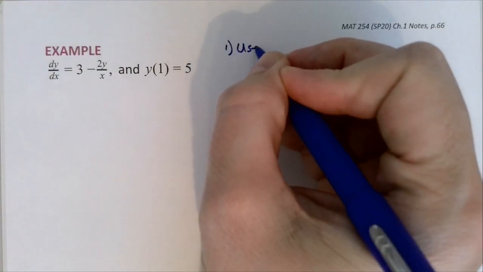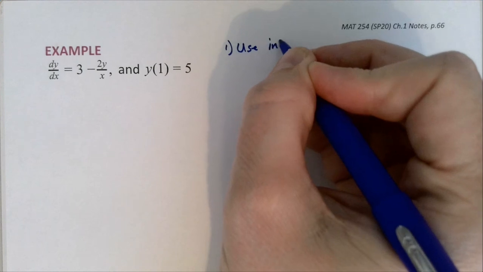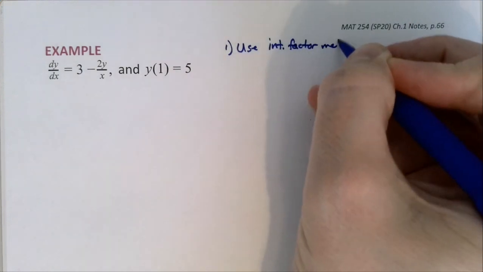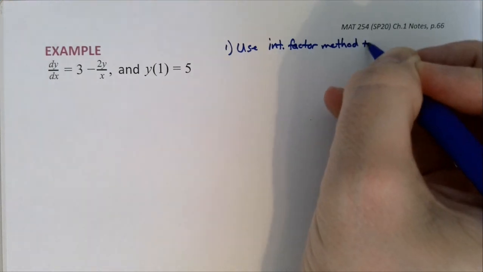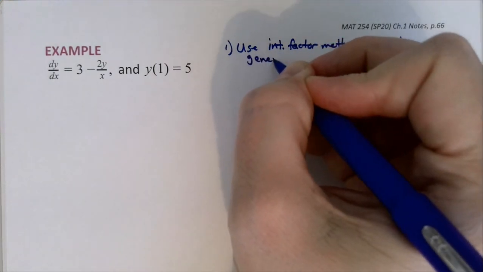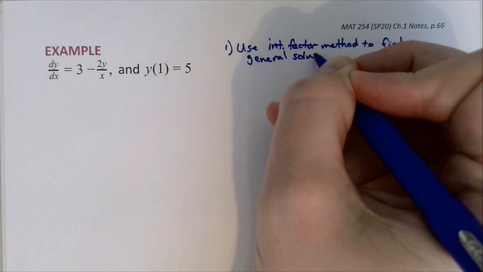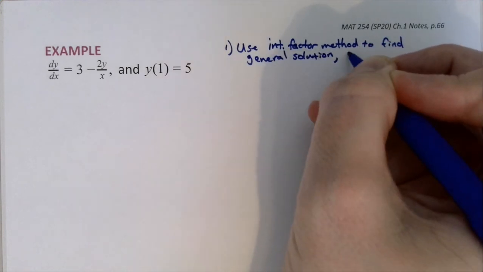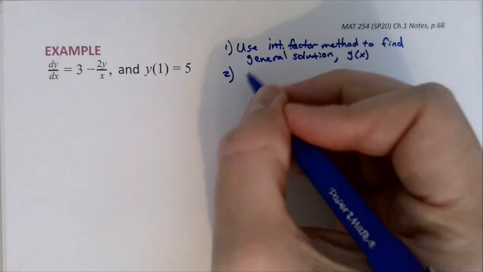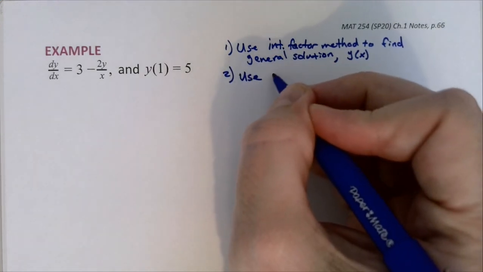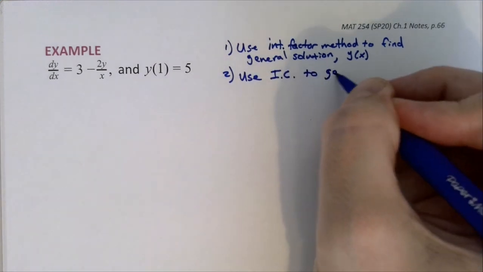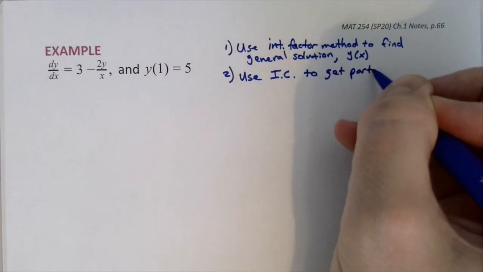We're going to use the integrating factor method to find the general solution, and the general solution for this is going to be y of x. And then number two, we're going to use our initial condition to get the particular solution.